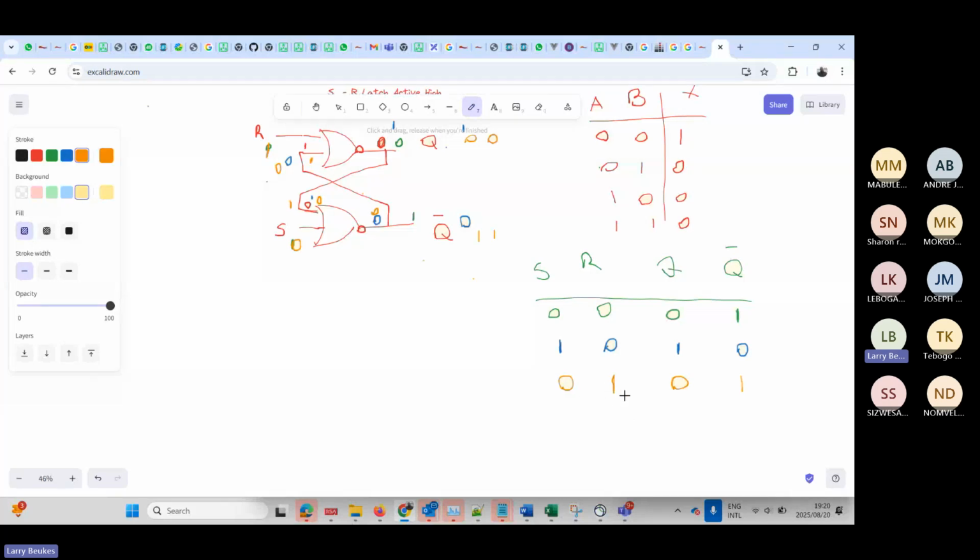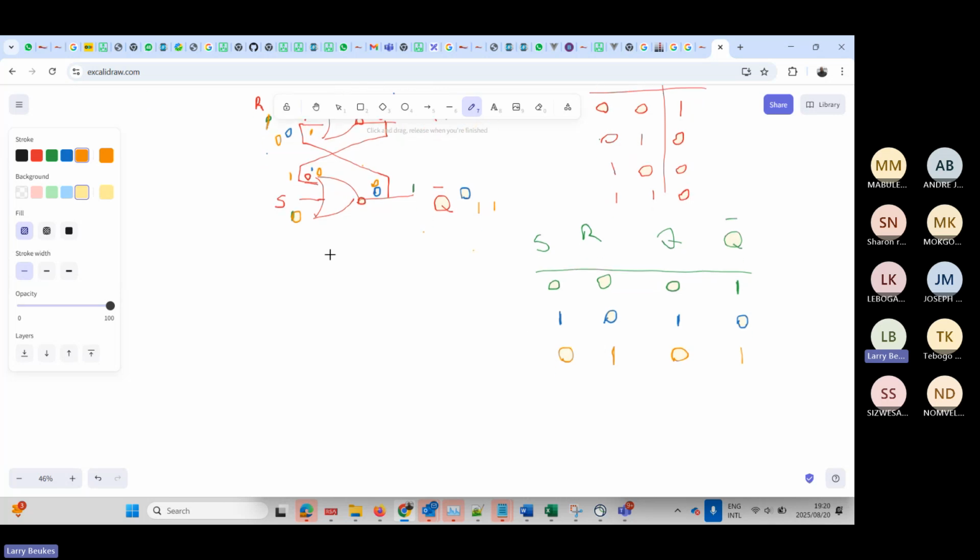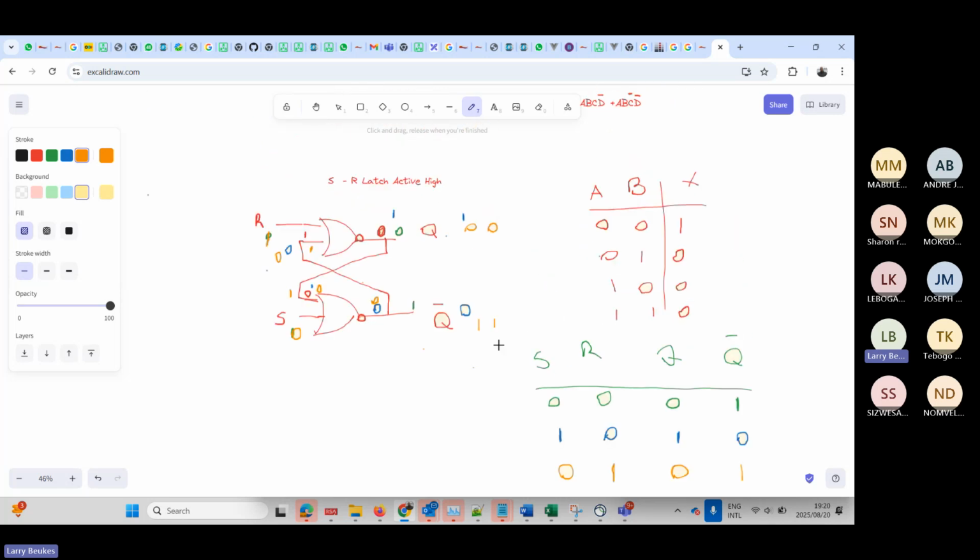Now from there we have another stage, which is called invalid. But before invalid, let's go back to 0, 0. Let's set R to be 0 and S to be 0.